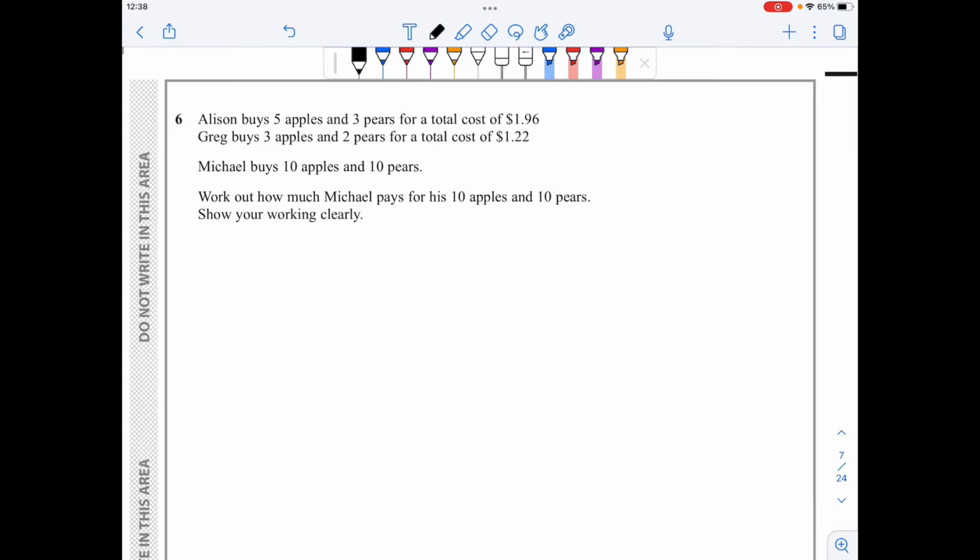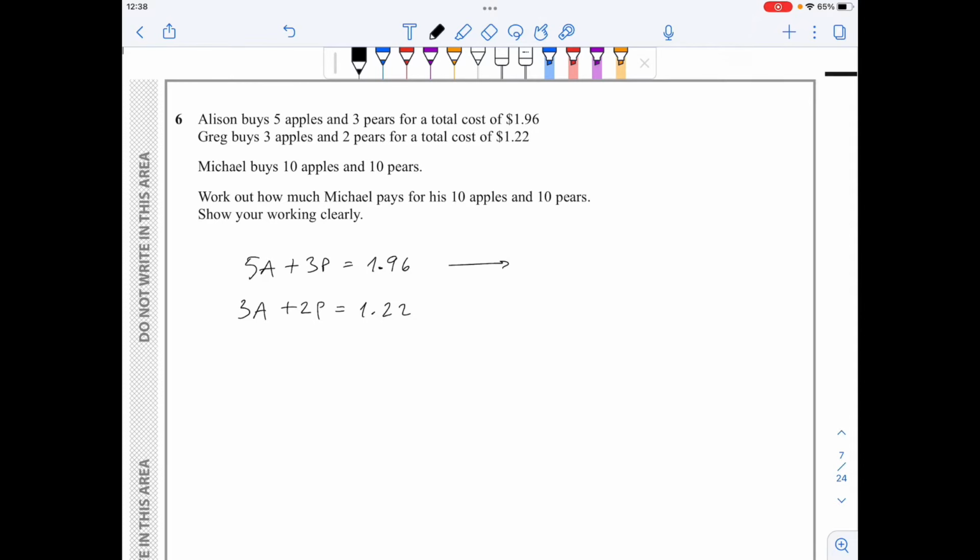For question 6, I'll need to create two simultaneous equations and solve them. I will let A be the cost of an apple and P the cost of a pear. So 5A plus 3P is equal to 1.96. 3A plus 2P is equal to 1.22.